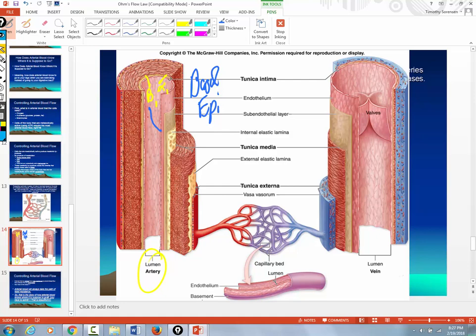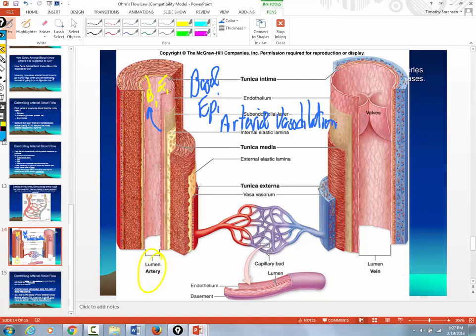Right? Epinephrine binds to beta 1 receptors. And when epinephrine at basal levels binds to beta 1 receptors, it causes arterial vasodilation. You got me? Okay, I'm going to say this again, and this one's going to be on there.